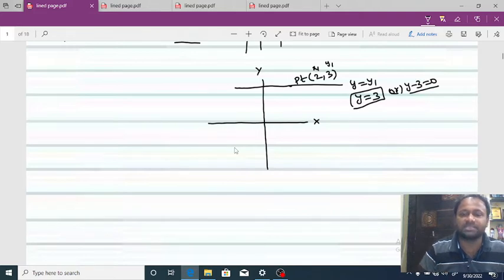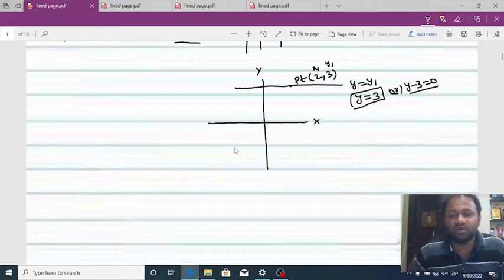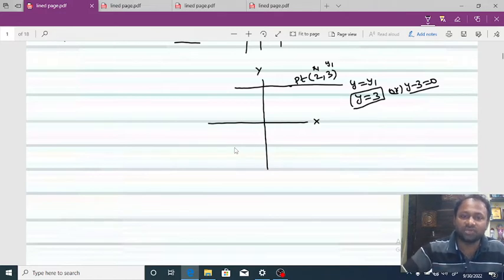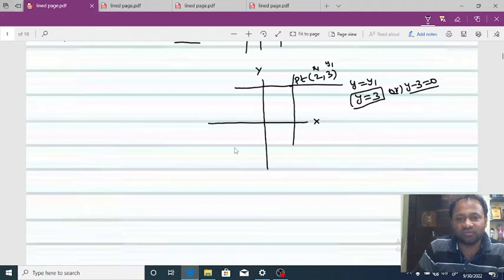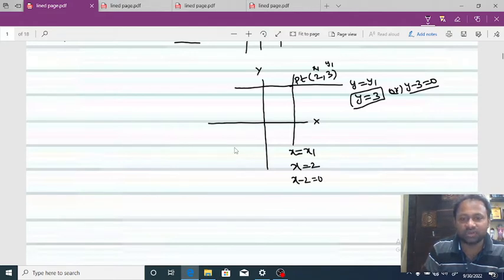This represents the equation of a horizontal line. In that same question, one more will be asked: what is the equation of the vertical line? The vertical line will be like this. As we said, the equation of a vertical line is x is equal to x1, which means x is equal to 2, or we can say x minus 2 is equal to 0.